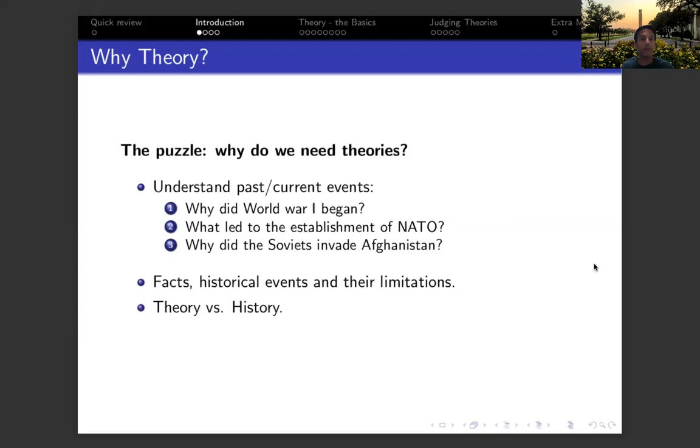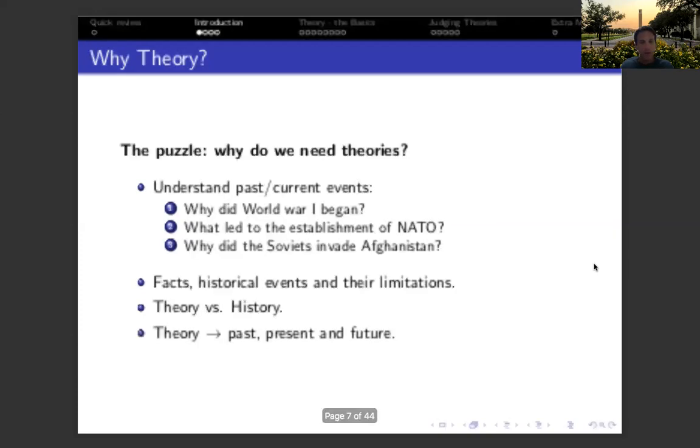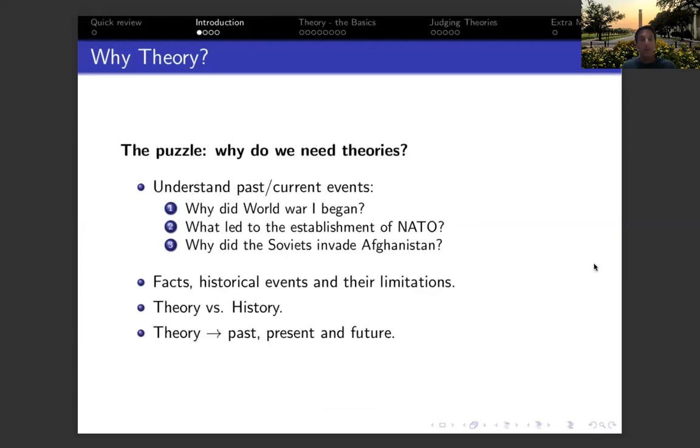What's the likelihood of another insurgency war in the next 15 years based on a series of conditions? That's what theory provides us, and history cannot provide us this part. So that's one of the main differences: theory provides us explanations regarding the past, the present, and the future. Things that history cannot allow us, that facts by themselves cannot provide us.